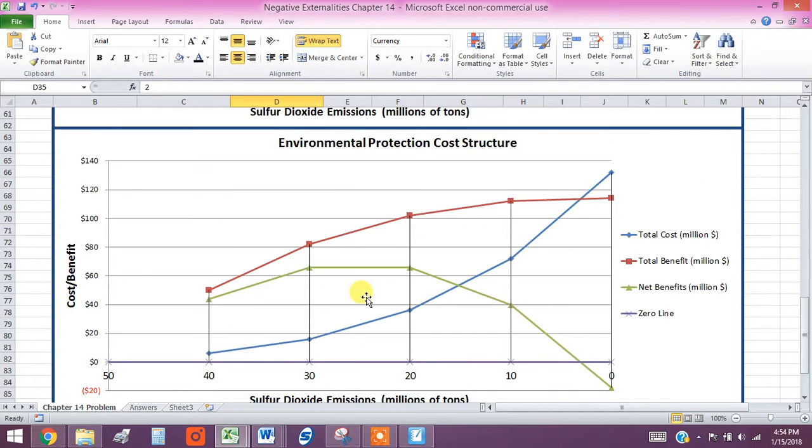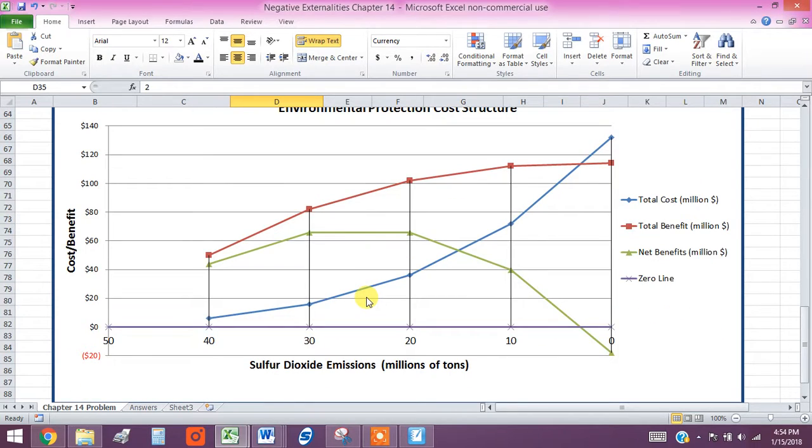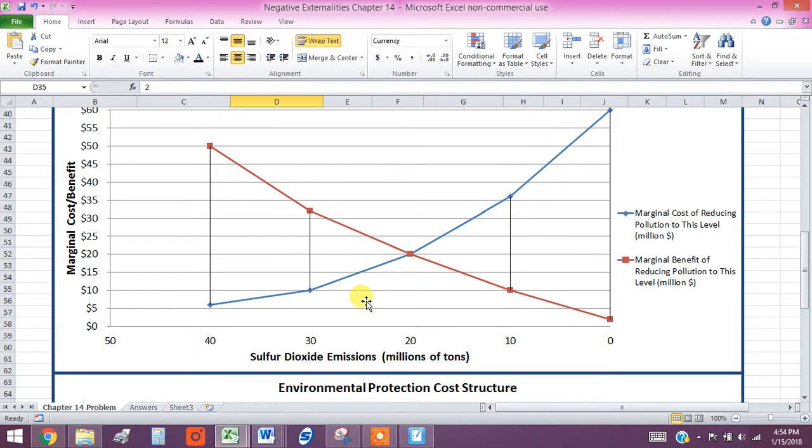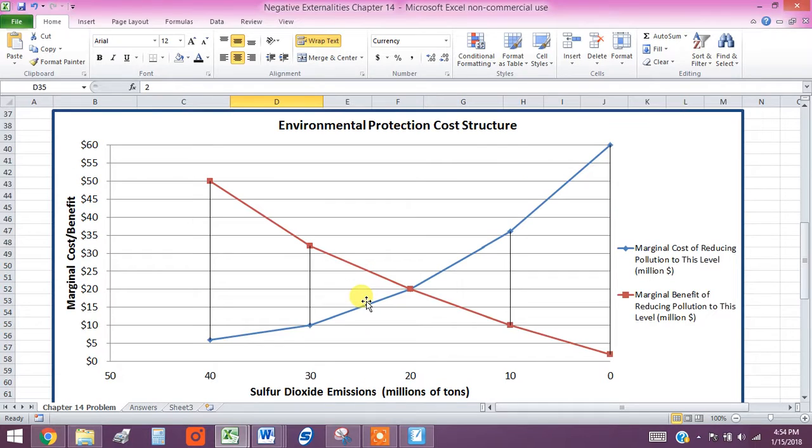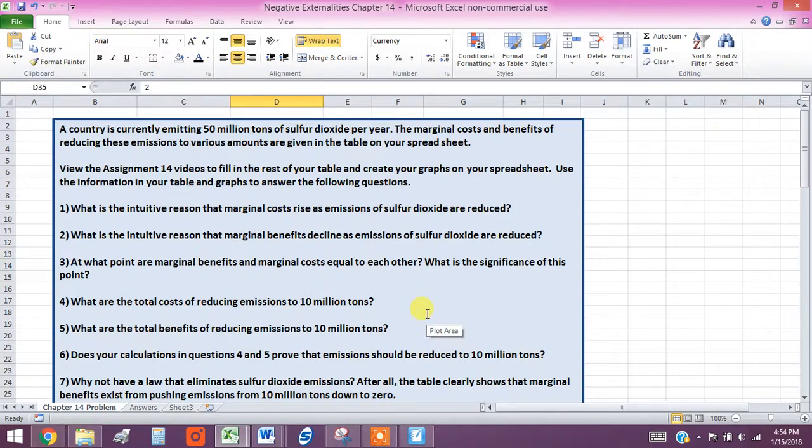But this is the basic concept of how a country decides what to spend on pollution control and how far to go with it. Okay, so that is your homework for Chapter 14.